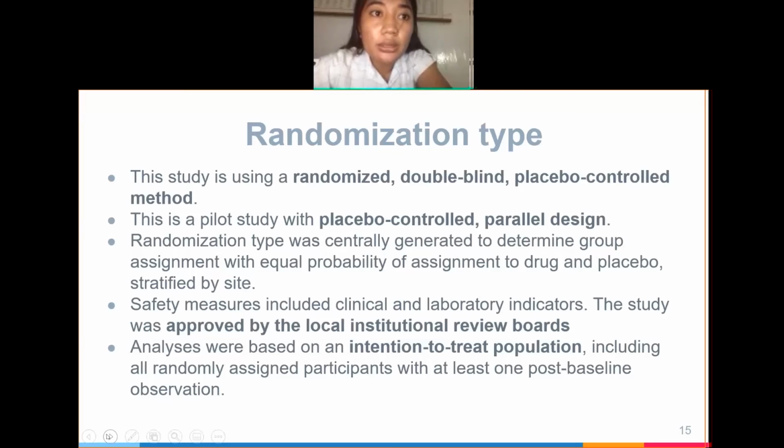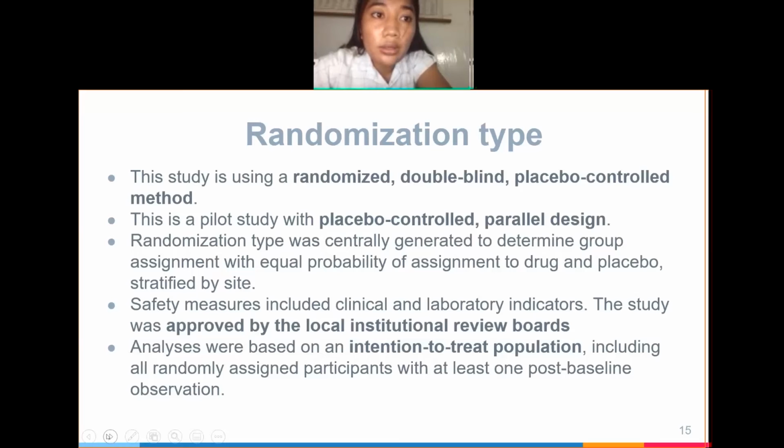Randomization was centrally generated to determine group assignment with equal probability of assignment to drug and placebo. After that, safety measures include clinical and laboratory indicators. The study was approved by the local institutional review board.